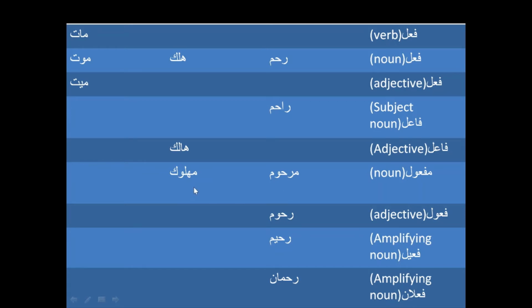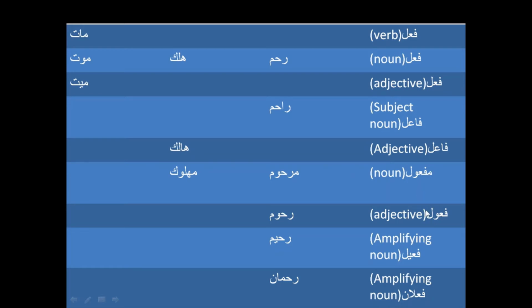It is the same with this mahlook. Mahlook is someone who is going to receive punishment or death. So in this sense it is used, and these two are nouns. In the same way, from here we get this, and from here we get this, on the same scale, maf'ool.